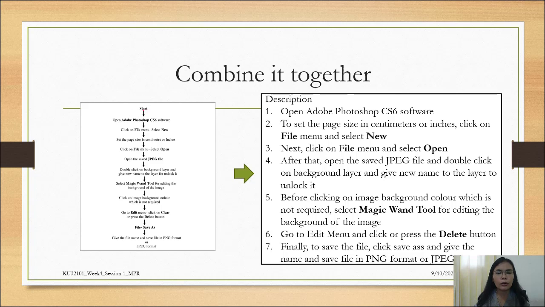Now, when we combine it together, we can do it like this. So we begin with start and end it with naming the file. So first we can say open Adobe Photoshop. So we start with the infinitive, and then we start with to set, blah blah blah. Click on the file menu, and then we use the sequence, next, after that.